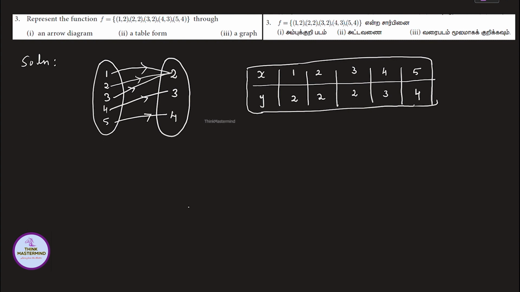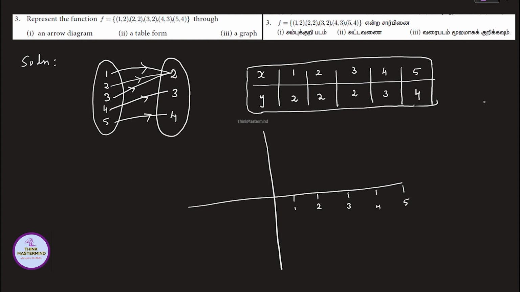Now representation of the graph: x-axis, y-axis. x takes values 1 to 5, that is 1, 2, 3, 4, 5. The range is 2 to 4, that is we start from 1, 2, 3, 4.